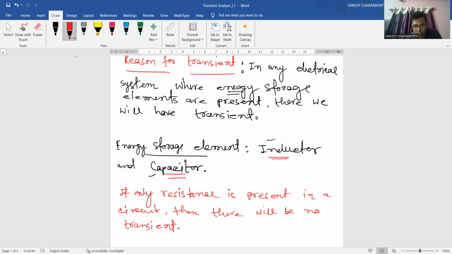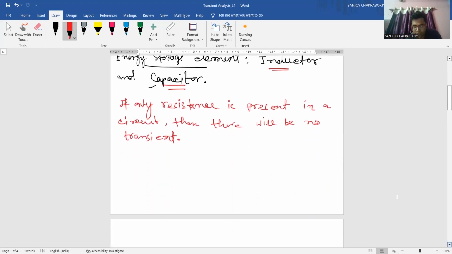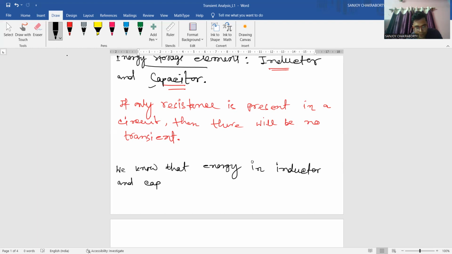Transient will be there only if we have energy storage element like either inductor or capacitor. And why does this transient occur in inductor and capacitor? Because from very basic, I think we know that energy in inductor and capacitor cannot change instantaneously.